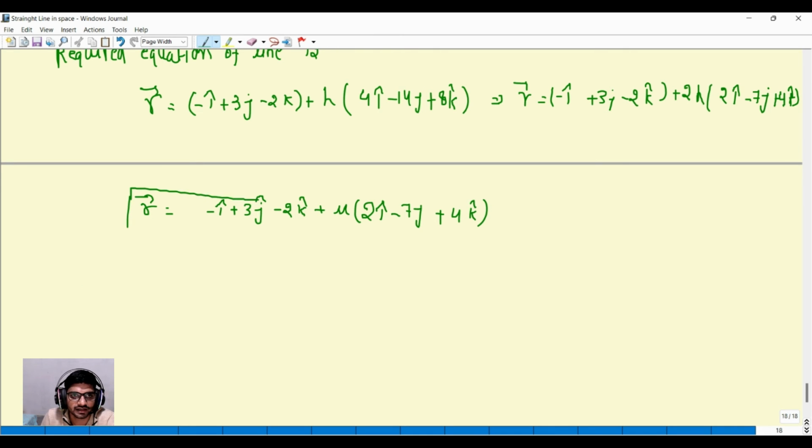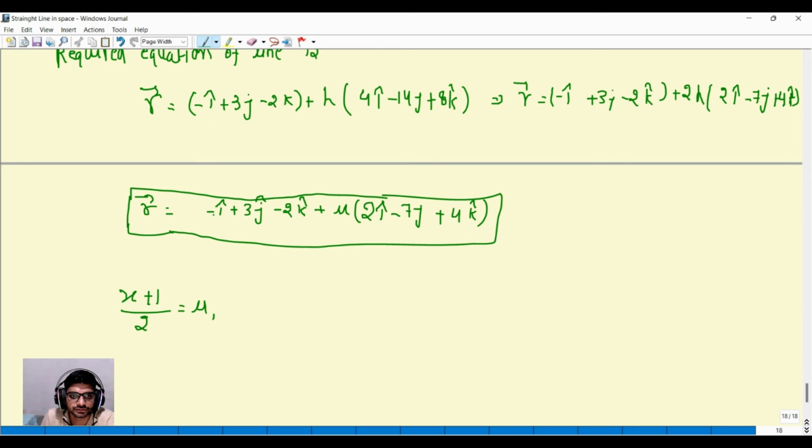If this is the required equation in the vector form, and we want it in the Cartesian form, then we can do it like this: x plus 1 upon 2 equals mu.